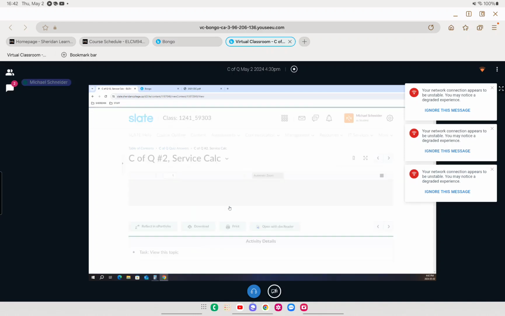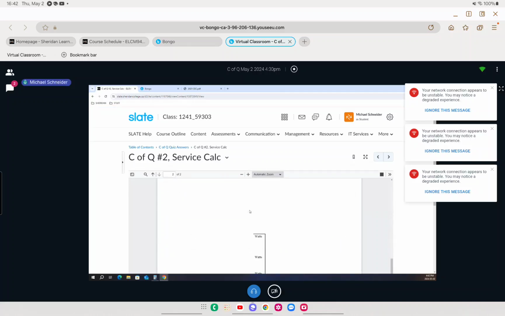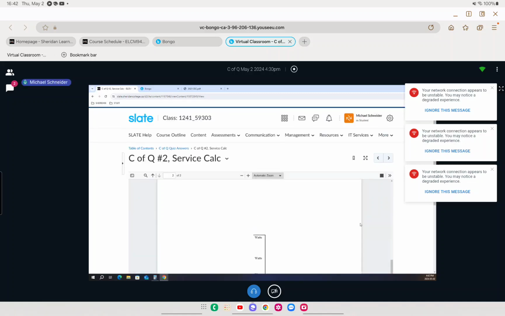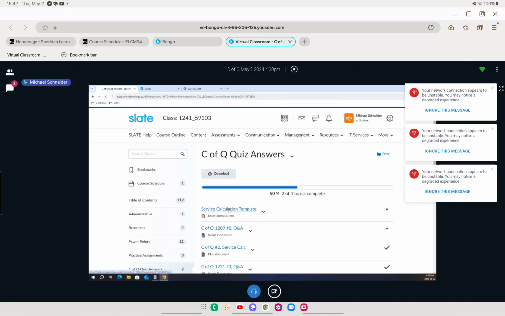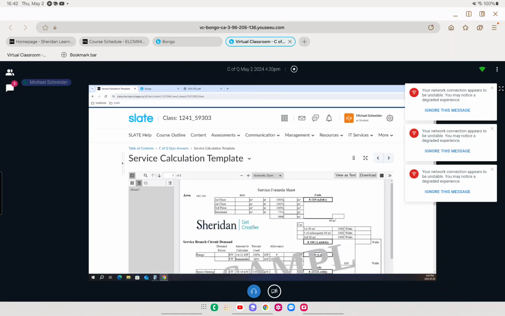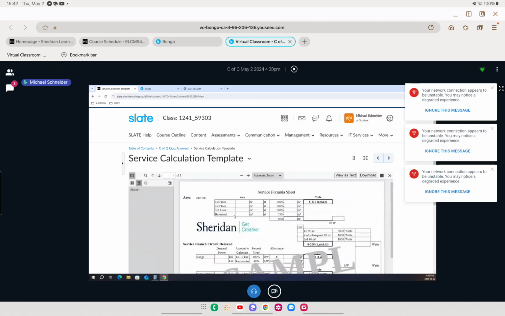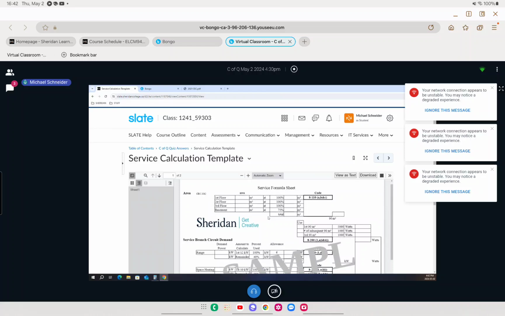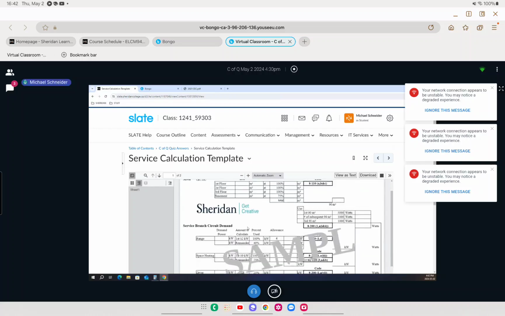This is for various calculations for service. It's pretty straightforward. It gives you the proper methodology that should get you to the size you need. Okay, I hope that helps.